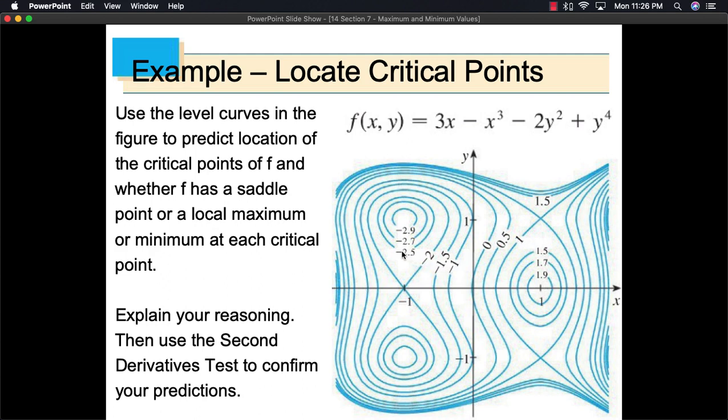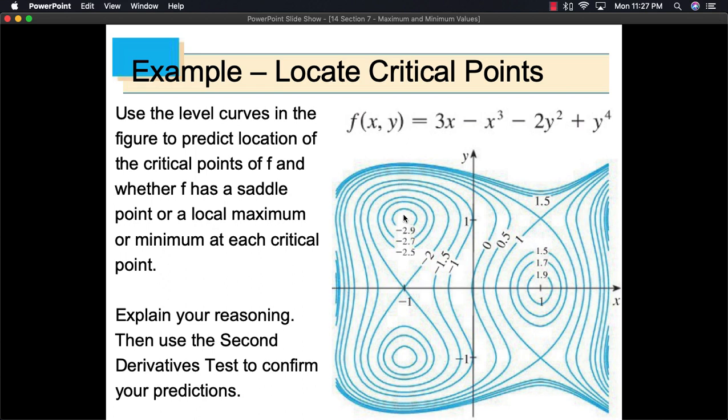Now, as we're moving toward this epicenter here, -1, 1, it seems to be going down in elevation. The numbers are going down as we get towards the epicenter. So to me, that would indicate that this would be a local minimum, because as I'm getting closer to the epicenter, the numbers are getting lower.